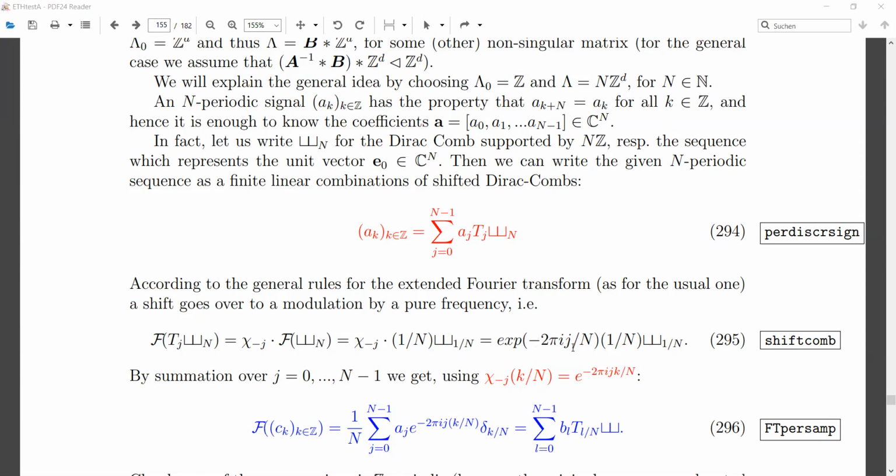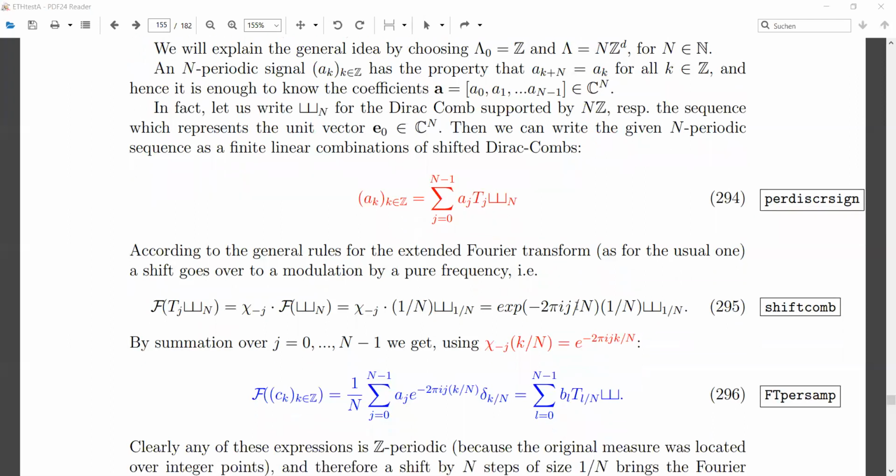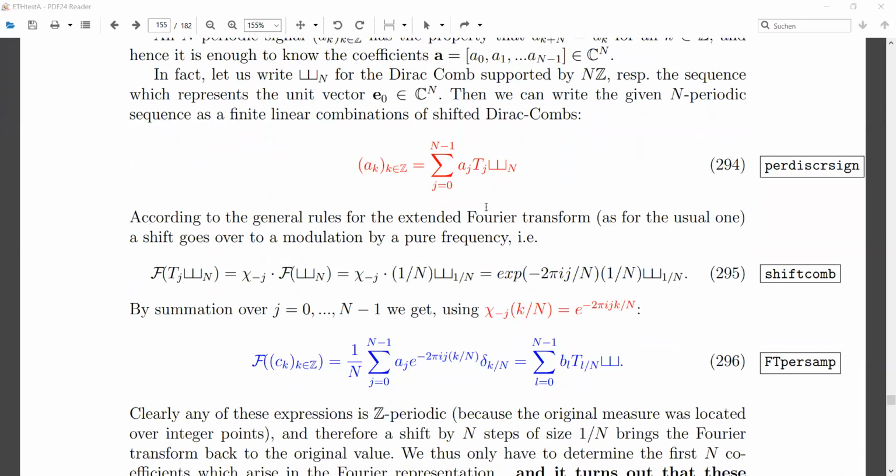It should be written as just the character chi minus j. So maybe I should write it as a function of t here. But when we now have the sequence a, then you get a sum. The 1 over n is coming from the dilation operator, and that's now correct. So this term has to be corrected.